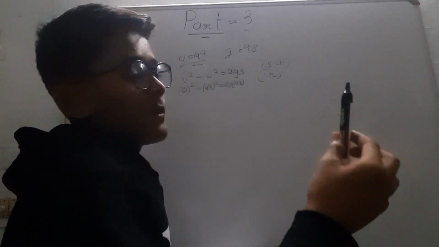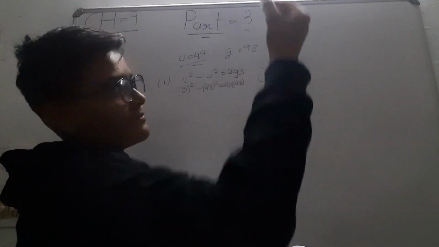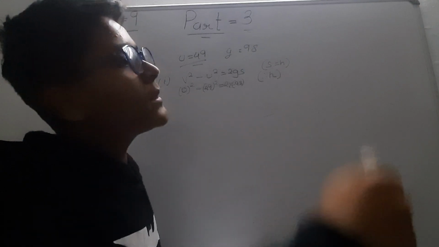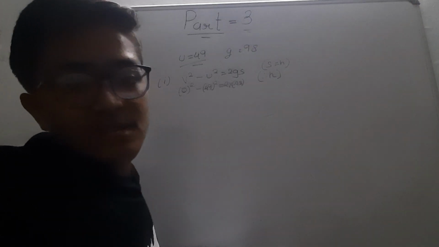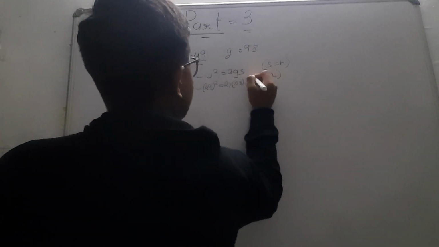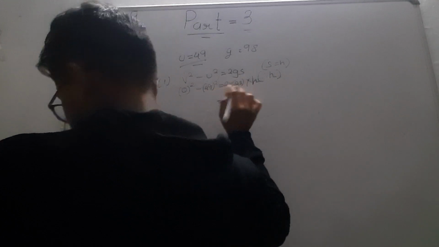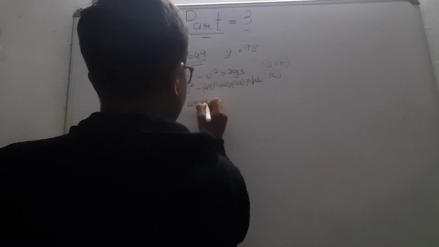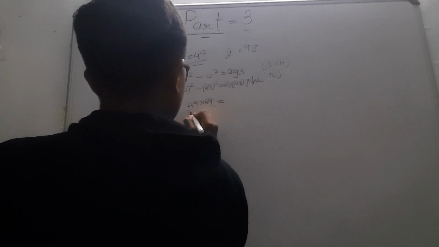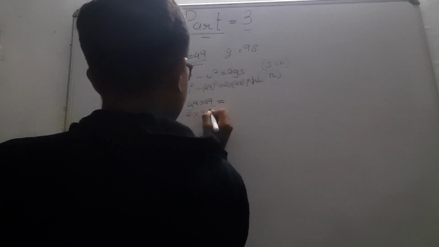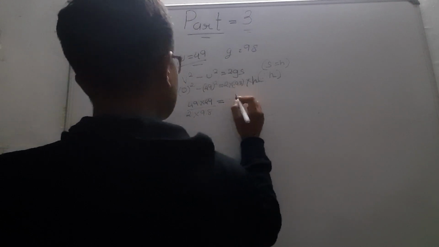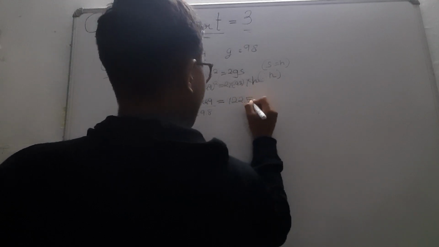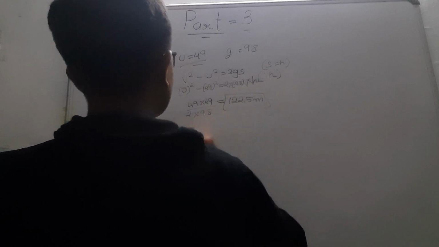Because when the ball is coming downwards, the gravitational force is acting on it, and we are throwing the ball upwards, that means against the gravitational force. That's why it is minus. Now multiply it, you will get 49 into 49 divided by 2 into 9.8. You will get 122.5 meter. This is the value from the first equation.